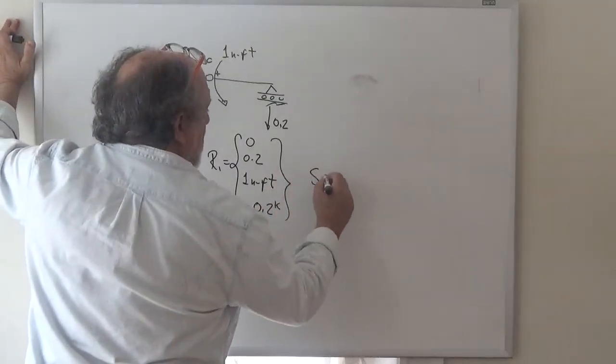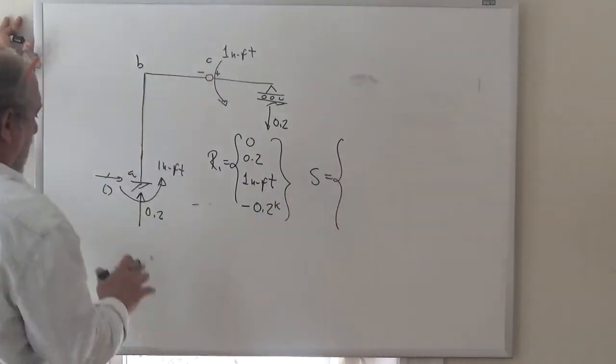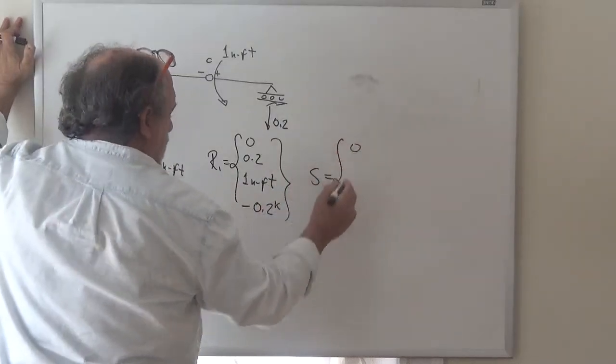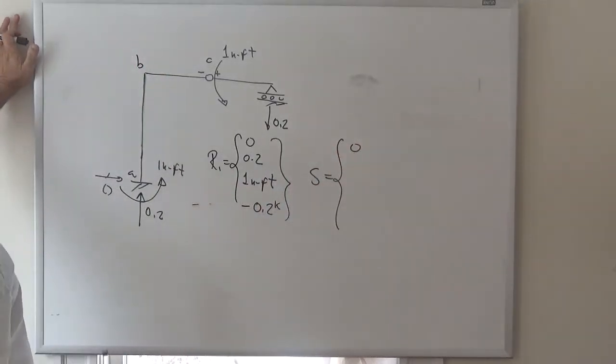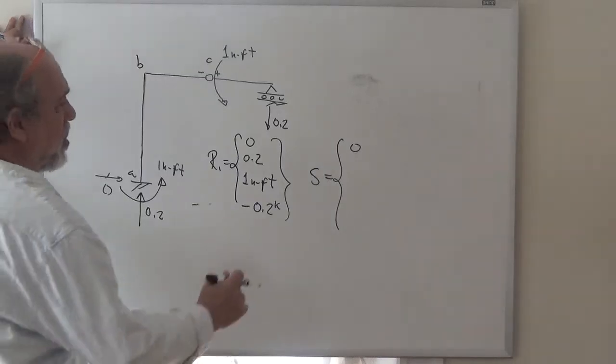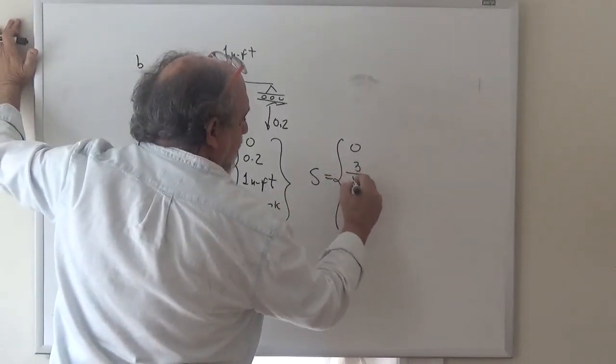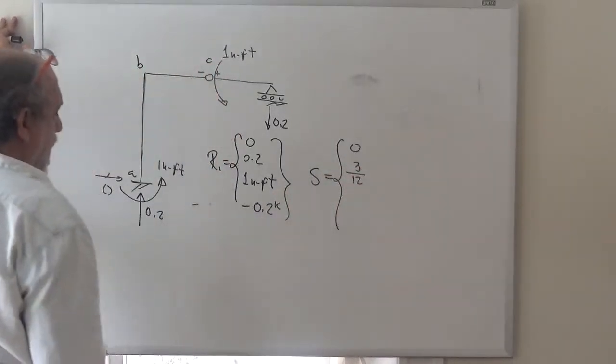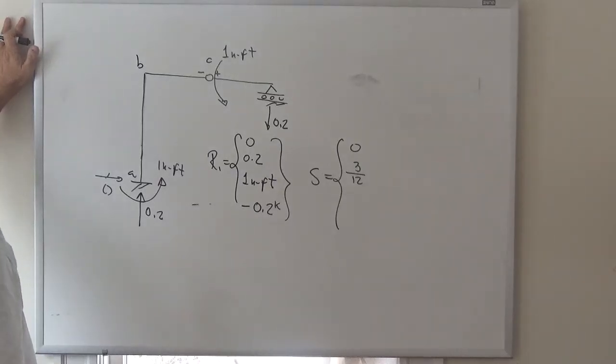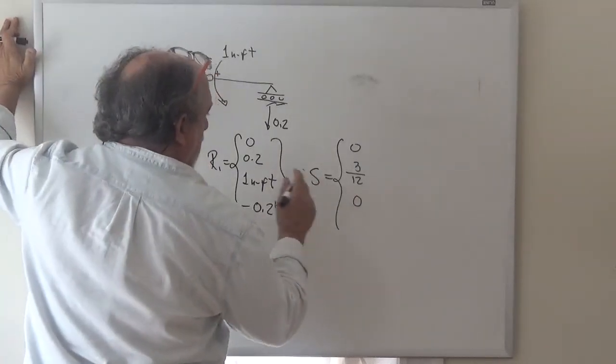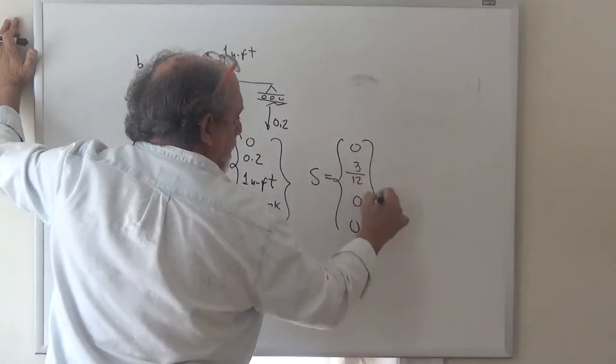So, what are my settlements? Well, in the horizontal we said nothing's going on. In the vertical we said that that point A moved up 3 inches, right? So that's 3/12 of a foot. In the rotation, we said it didn't rotate, and nothing was going on this side.